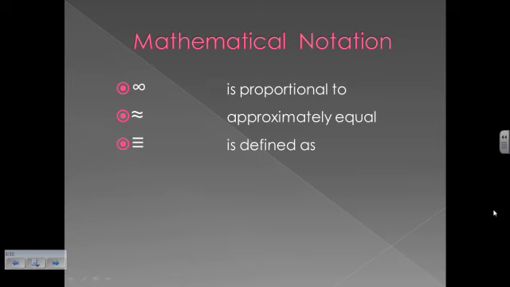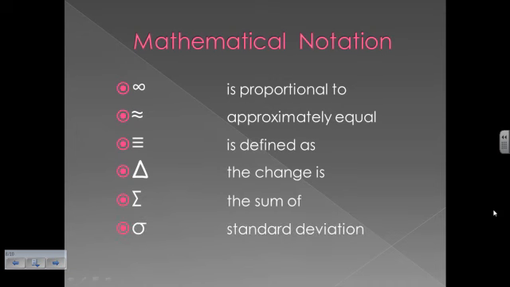Three lines means it's defined as. The triangle is the change in. Sigma is the sum of, and alpha is a standard deviation. We won't do a lot with standard deviation, but whenever you see a number that has a plus or minus sign after it, they're talking about the standard deviation of that value.